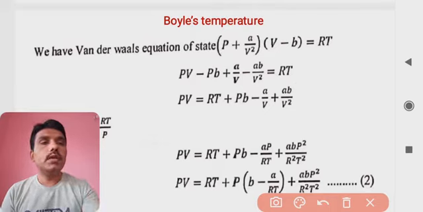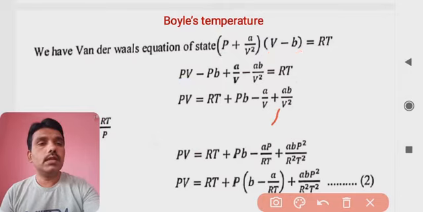If we multiply P with V minus b, then we will get PV. I will make it a little bit larger to understand it clearly.